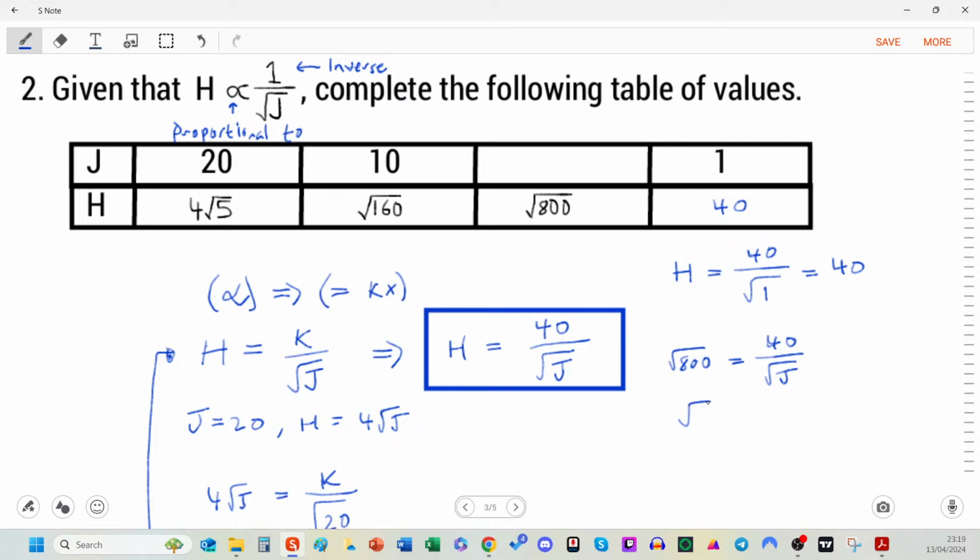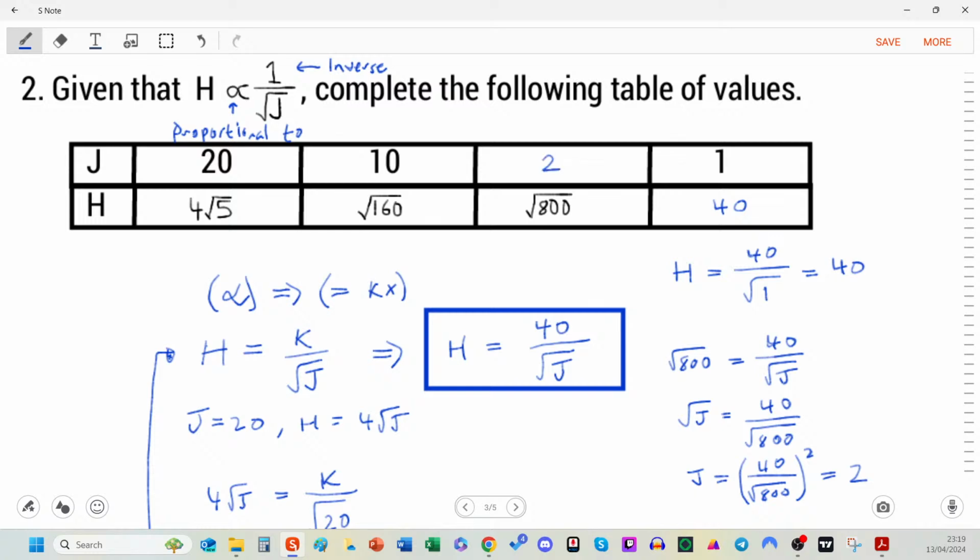So root j equals 40 over root 800, and therefore j is equal to the square of that. And j, with a little bit of handiwork beforehand, becomes a real nice number, 2.